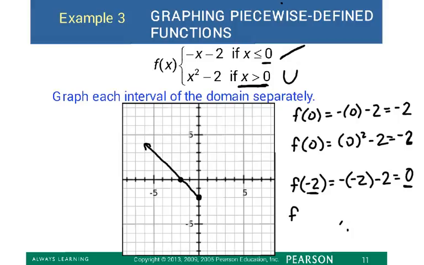So let's plug in 2 for our x value. Square it, subtract 2, which equals 4 minus 2. That's 2. So another point on our graph is 2, 2.